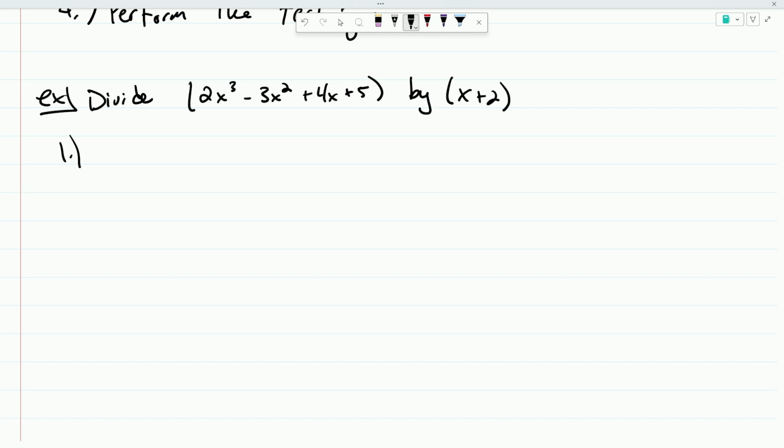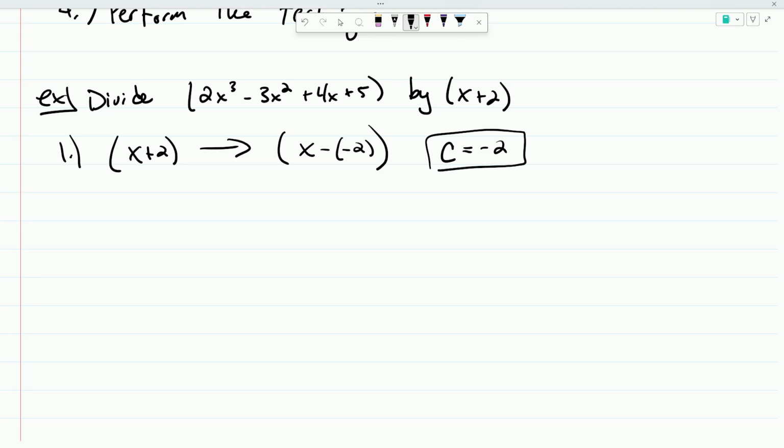So, step 1, let's check our divisor. We know we have x plus 2, however, it has to be x minus. So I'm going to rewrite this as x minus negative 2. Because if you think about it, a negative and a negative back to back make it positive. So right now I know c is going to equal negative 2.